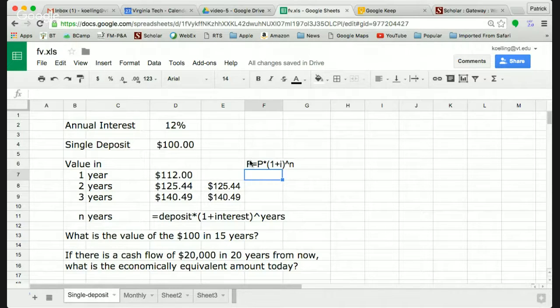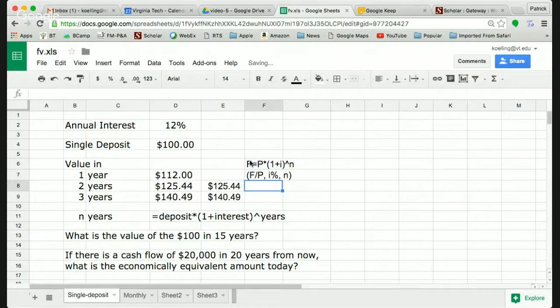Given that formula there, we notice that the notation in the book to find a future value, we have some tables that give us the (1 plus I) to the n values, and we call those interest factors. And this would be F given P, I percent, n years.